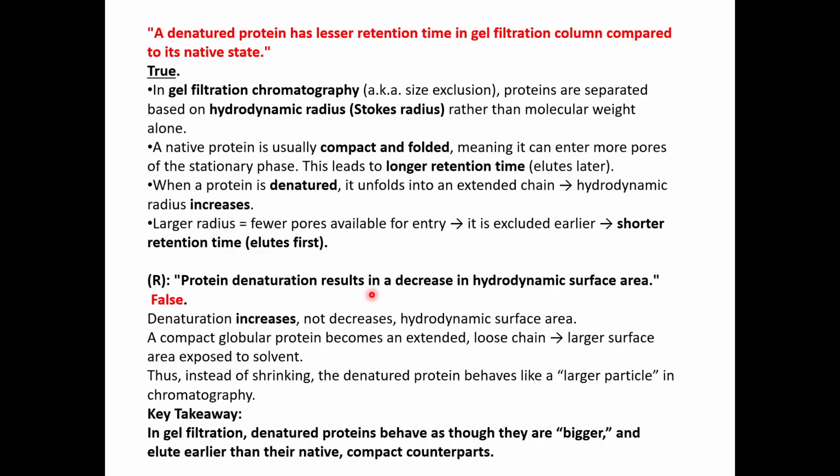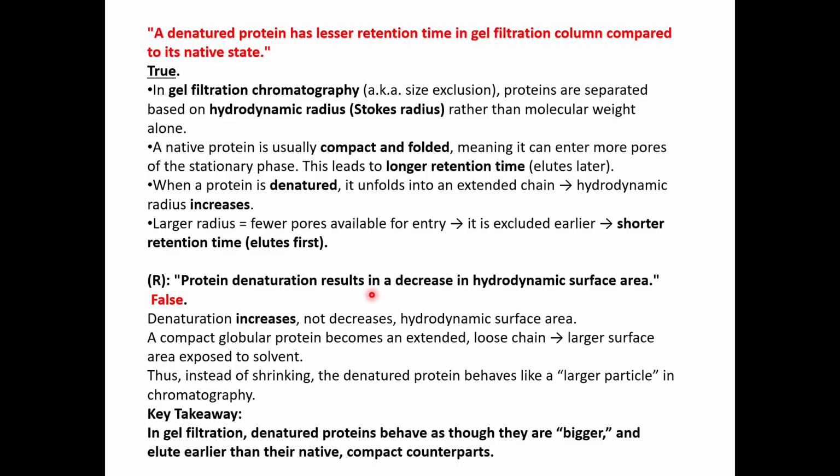The assertion given here is: a denatured protein has lesser retention time in the gel filtration column compared to its native state. So this is true. A denatured protein will have lesser retention time. In gel filtration, proteins are separated based on the hydrodynamic radius, or the Stokes radius, rather than the molecular weight.